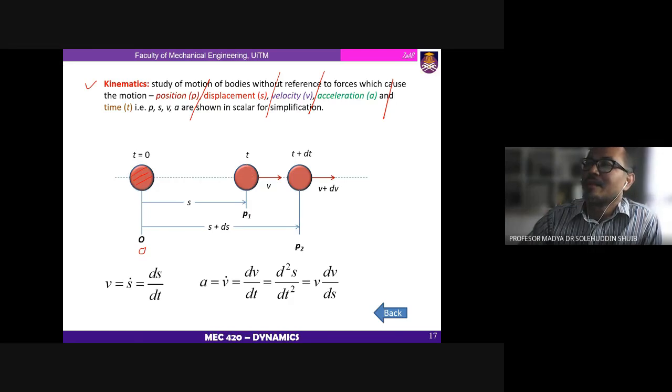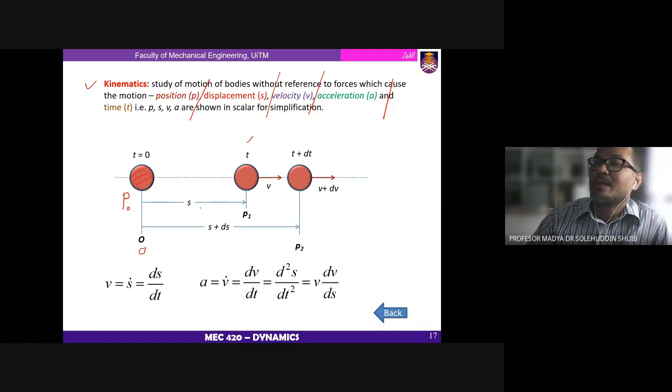At t seconds, now it is at position 2. This is position 1, or position 0. I call this position 0. Then this is position 1 at this time, and this particle has the velocity of v.